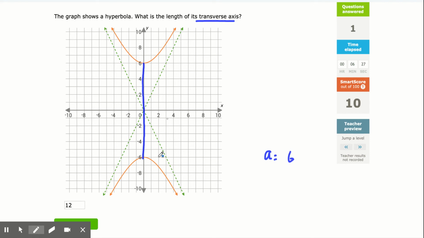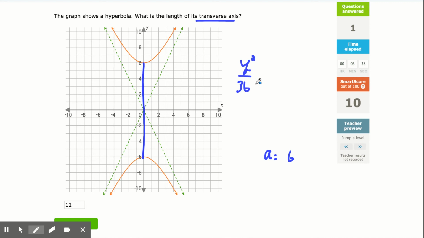And since this is opened up and down, the Y squared is first with a 36 underneath it. I'm just teaching you this for a future lesson. The X squared will be next that we're minusing, and then you'd have to find the length of the conjugate axis, which, remember, you go left or right now from the vertex until you hit those asymptote lines, and then you go straight down like this, forming this rectangle.